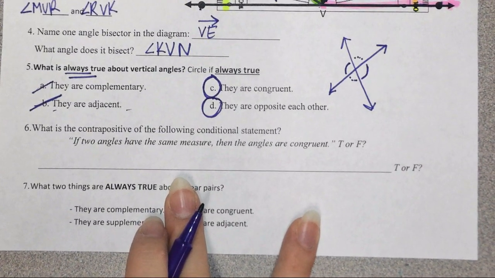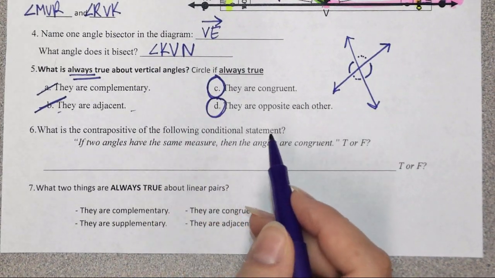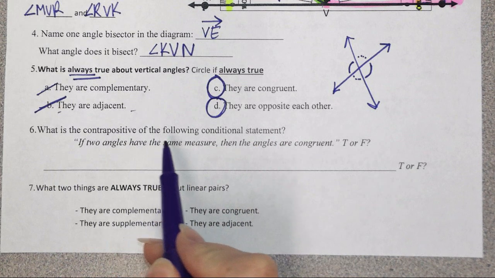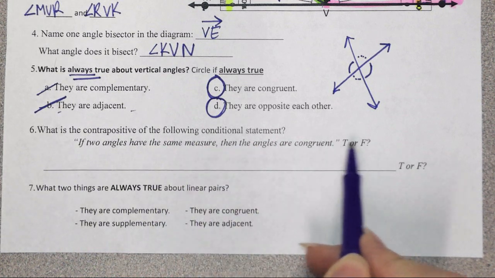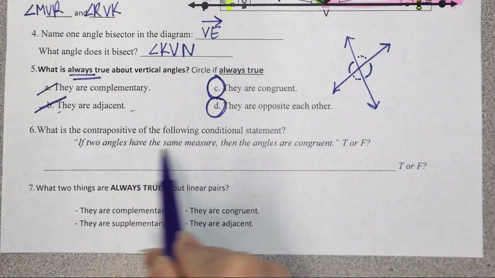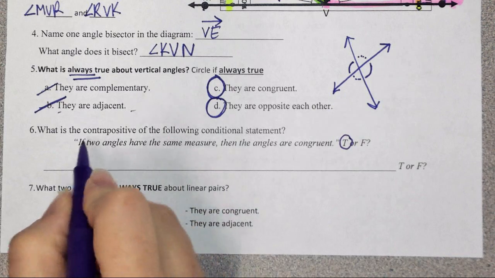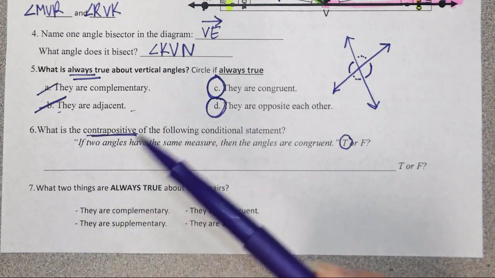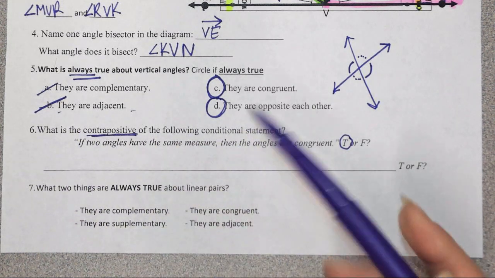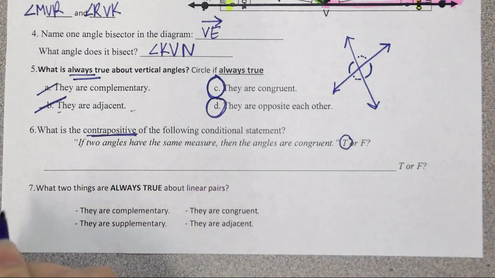Okay. Number 6. What is the contrapositive of the following statement? If two angles have the same measure, then the angles are congruent. And then it also wants us to determine if that's true or false. So if angles have the same measure, they're congruent. That's true. Okay, so a contrapositive is when you do both the converse and the inverse. So we're going to flip these and make it say the opposite.